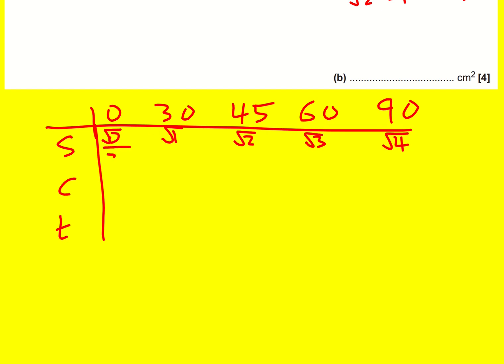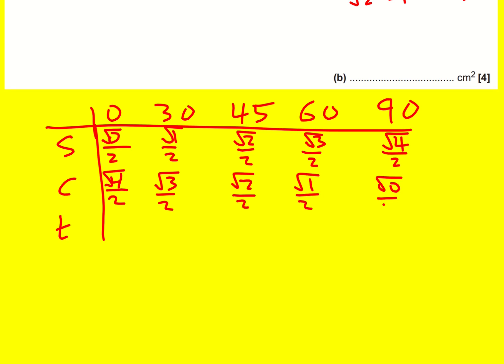There's no real maths going on here, we're just learning a memory technique. And this gives me the exact values of sine for all these different angles. Okay, that's what the S stood for. For cos I do exactly the same thing, but in reverse: 4, 3, 2, 1, 0, square root, divide by 2.